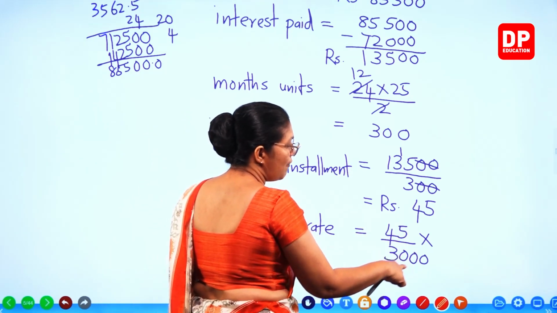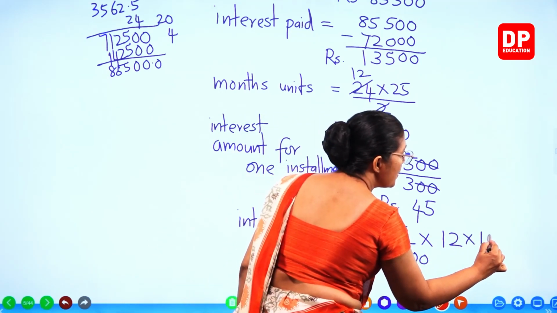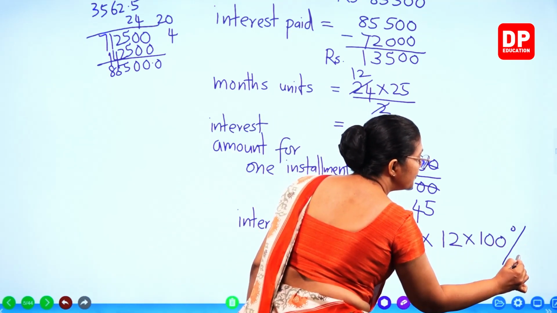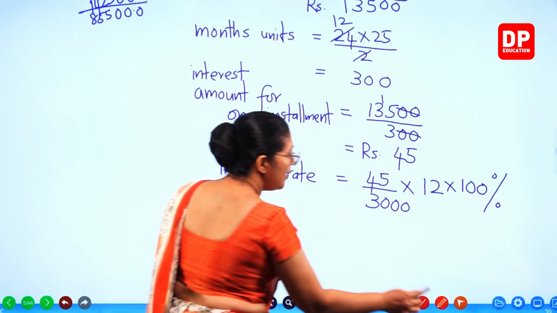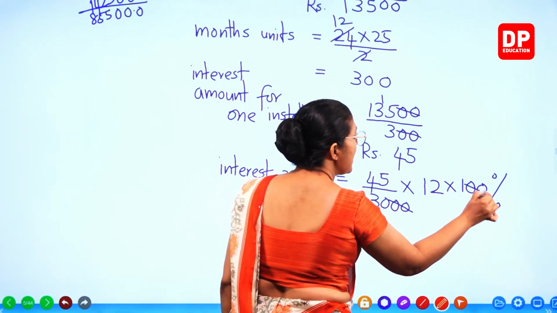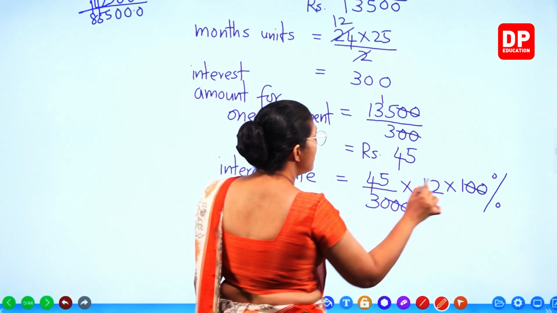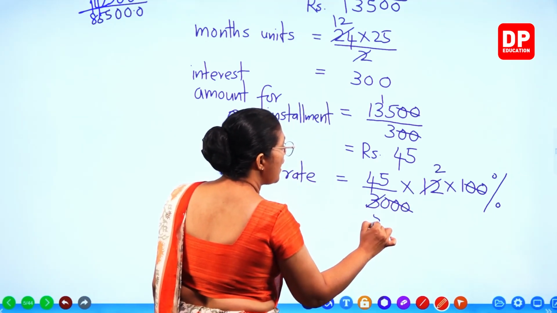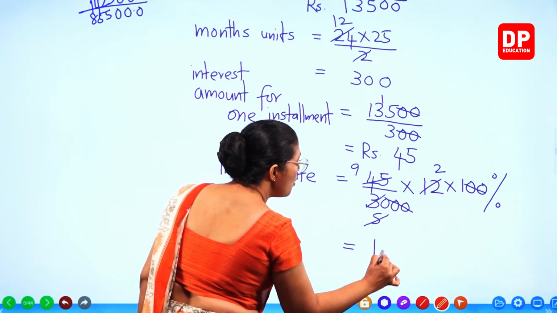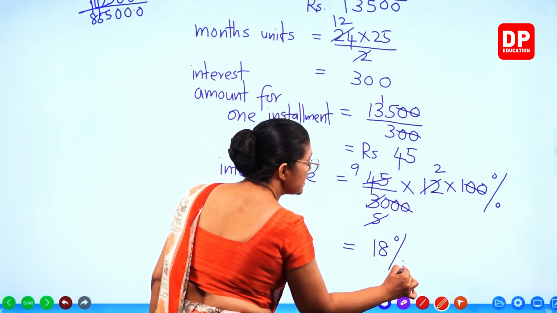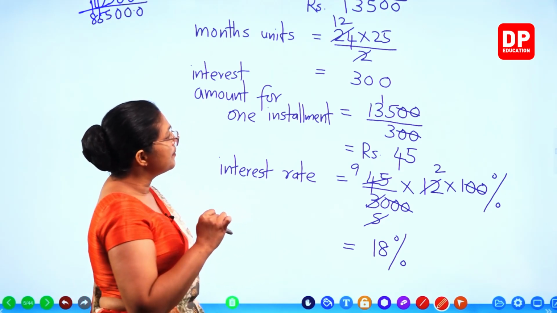This is a monthly value, so you have to multiply by 12 and by 100% to get the percentage value. So what's the value? Let's simplify. Two zeros get cancelled out. Then 6 times 2, 6 times 5. Then 5 times 9, 9 times 2, 18%. That is the interest rate.